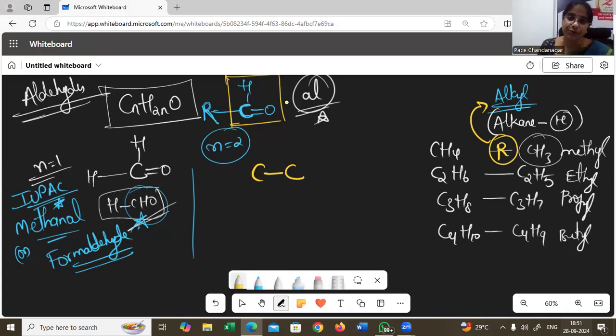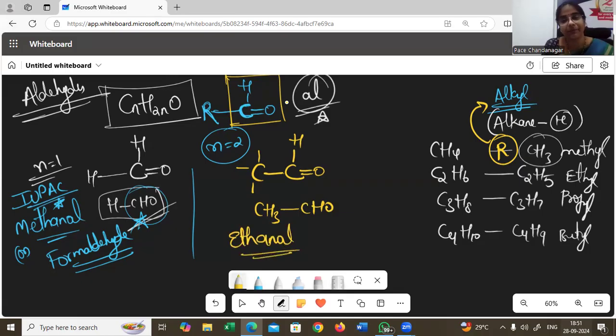Since it is an aldehyde, the CHO group has to be there, so I write CH3-CHO. That is 2 carbons, and the IUPAC name is ethanal, or the general name is acetaldehyde.